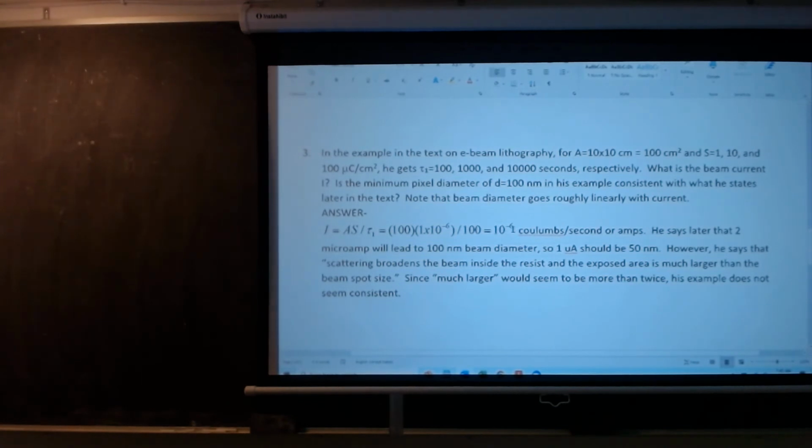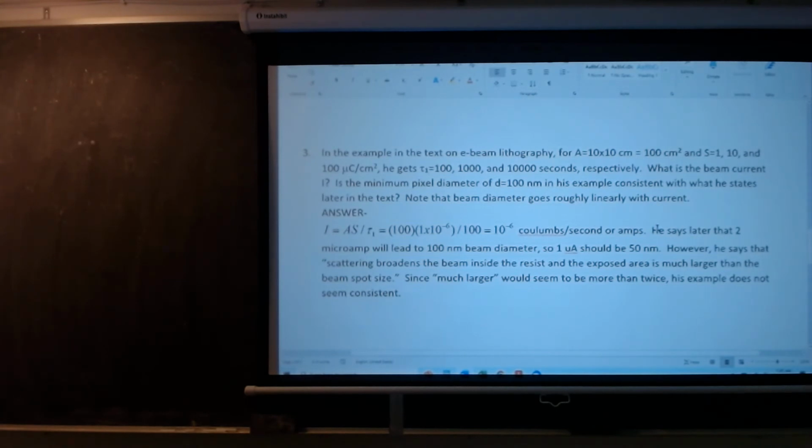You would find the same for the two other examples as well, because they just go up by factors of 10 each. So for his example, to give the numbers he stated, the electron beam current has to be a microamp: 10 to the minus 6 coulombs per second, or 10 to the minus 6 amps.